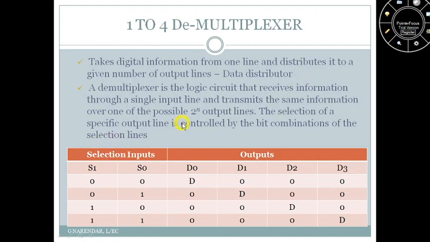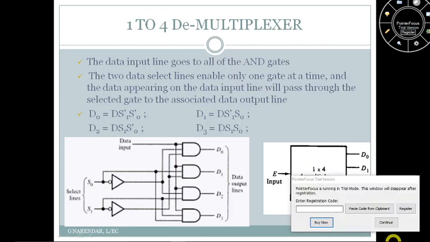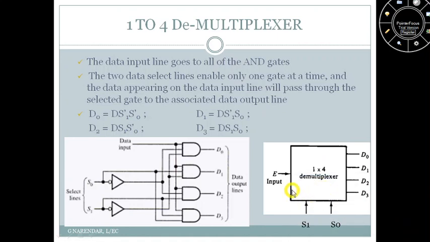So here we have shown the symbol given for the 1 to 4 demultiplexer. So a 1 to 4 demultiplexer means one input line on which the digital information is taken by the demultiplexer, and 4 output lines indicated with D0, D1, D2, D3, onto which the digital information will be distributed according to the selected output line.